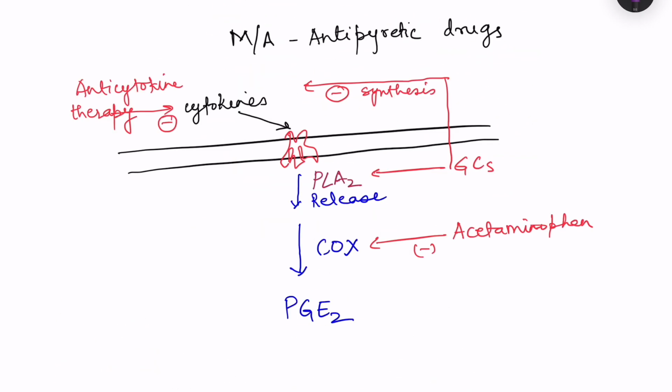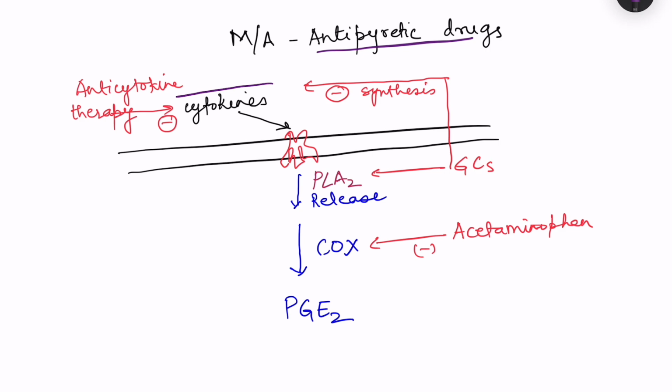Now moving on to the last aspect, that is the mechanism of antipyretic drugs. These antipyretic drugs act on various levels. We have talked about the interleukins, we have talked about prostaglandin E2. Interleukins are the cytokines which act on the hypothalamic endothelium and ultimately lead to the production of prostaglandin E2.